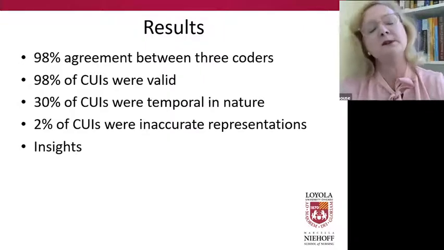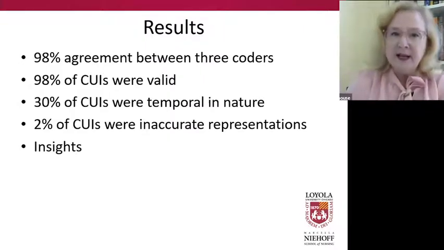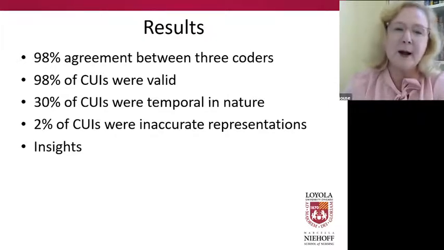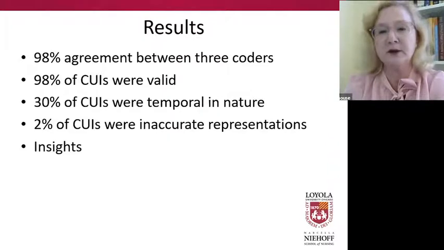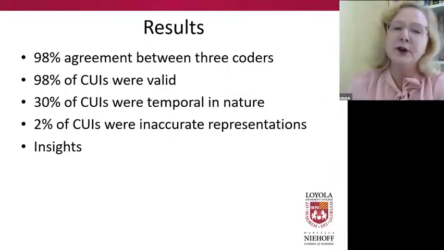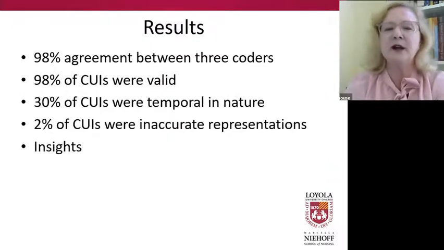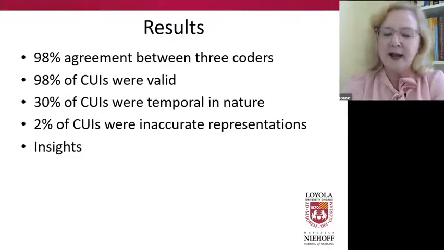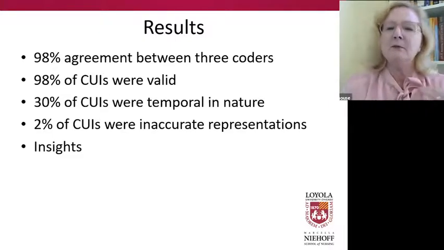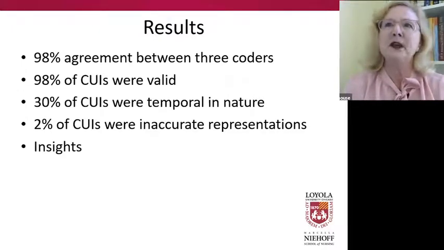So our results: we had 98% agreement between 3 coders. 98% of the concept unique identifiers for delirium were valid. 30% of those concept unique identifiers were temporal in nature. What that means is that it might have said that the confusion was stabilized, for example.